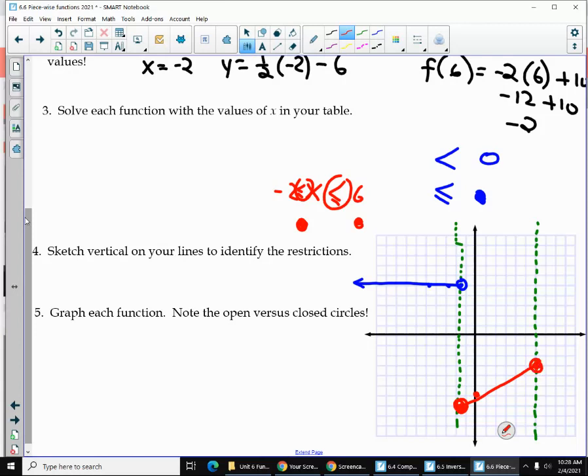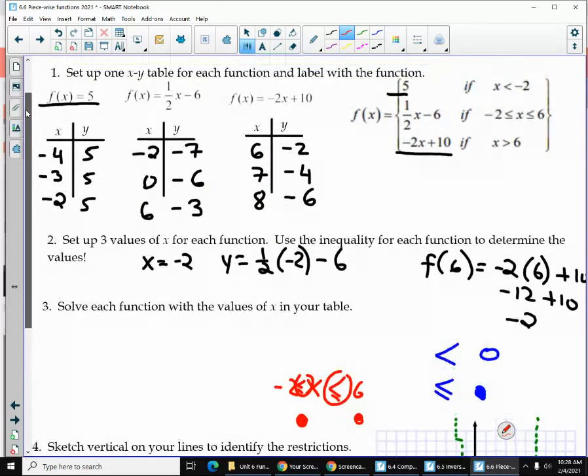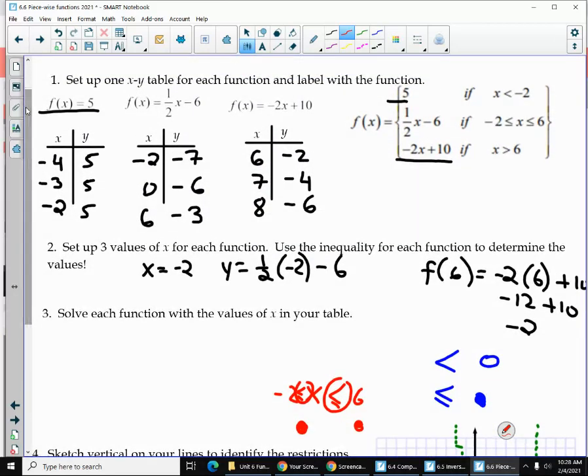Now, the last graph is y equals negative 2x plus 10. So you have negative 2x plus 10. Look at the table.